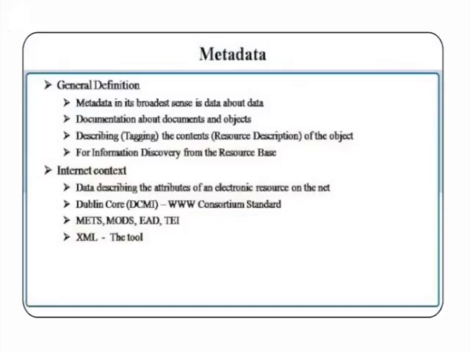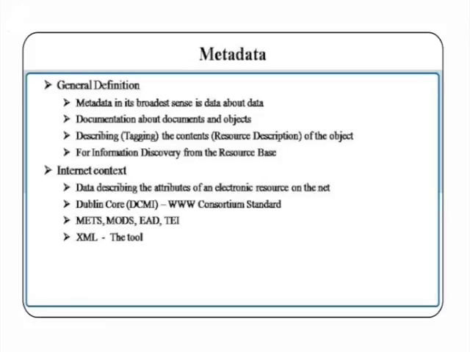And the metadata, you have already learned that, I'm sure, metadata is nothing but data about the data. The data you stored in the system should be referred with some simple data, that is called metadata, and documentation about the documents and objects in the collection. Then describing, that is tagging the content with the object.